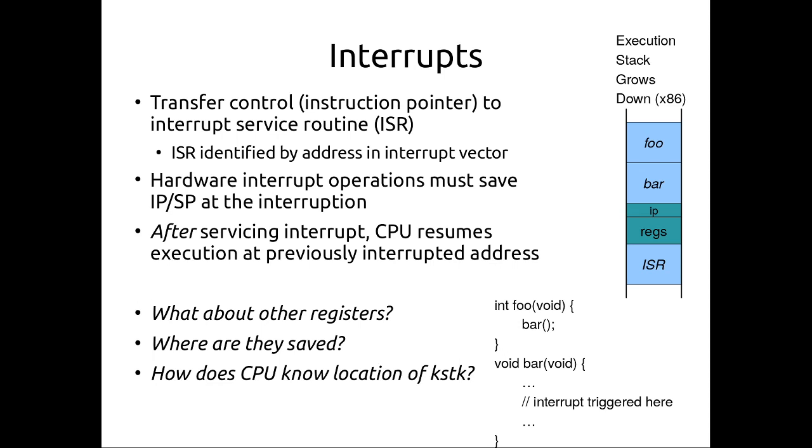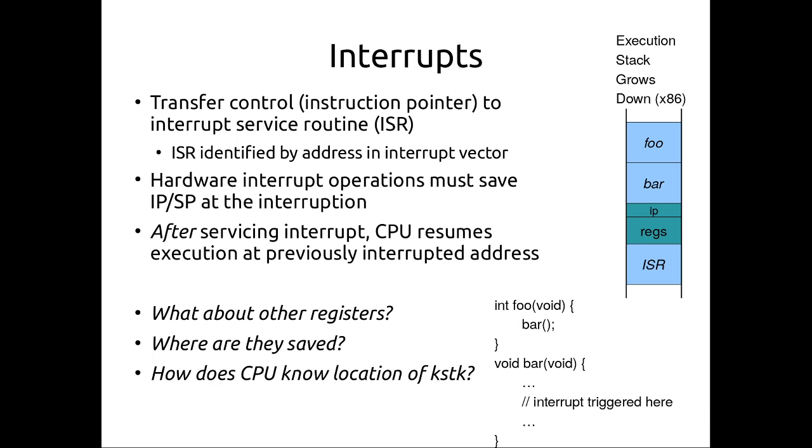And then let's say that we start executing the interrupt service routine, continuing to use this same stack. Well, this is a problem. Because if foo and bar were executing in a user-level application, we have the case where the ISR defined by the kernel is now executing on that user-level stack.